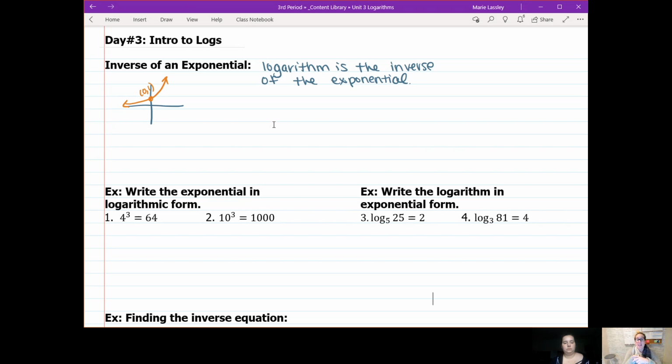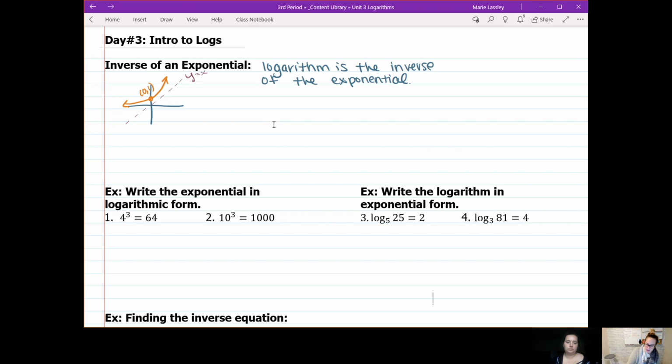Since logs are the inverse graph, we can draw this imaginary line, y equals x. The inverse is just the reflection over that line.